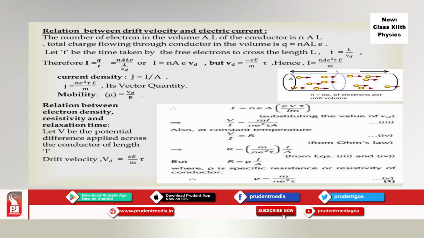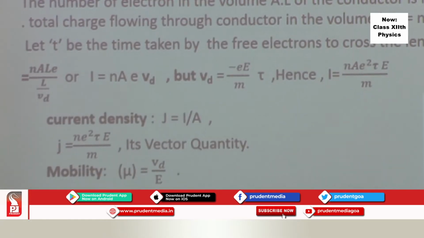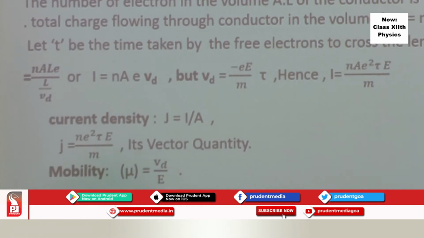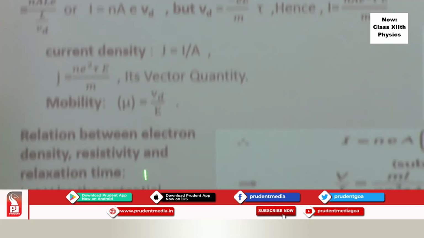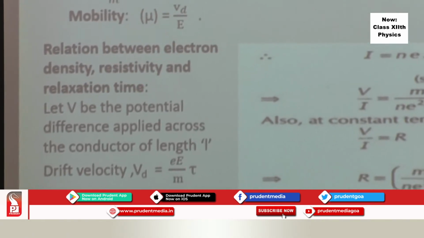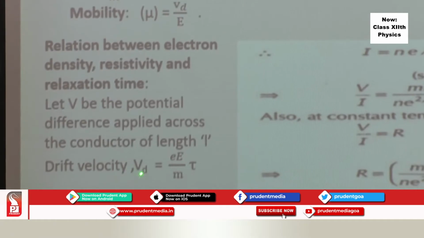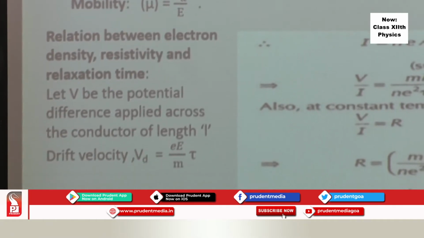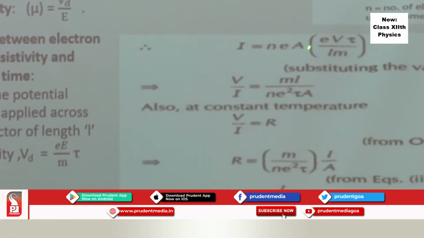This formula you have to remember. Likewise, another formula which you have to remember will help you to solve MCQs in the MCQ level test. If you want to find the relation between electron density, resistivity, and relaxation time, take the formula for drift velocity. Current is equal to neAVd.